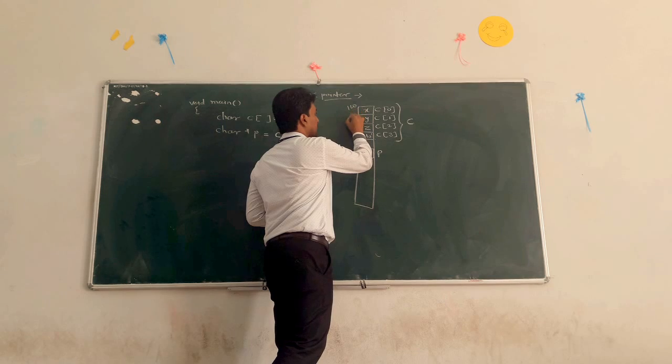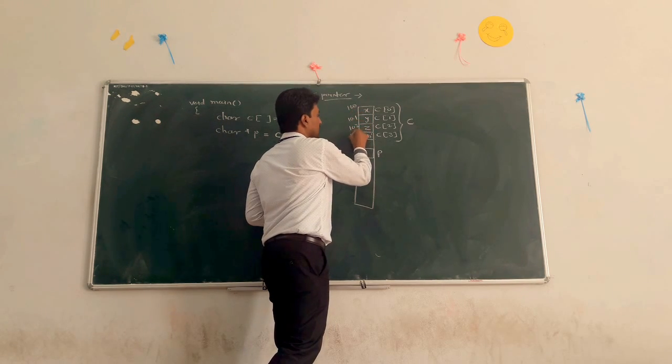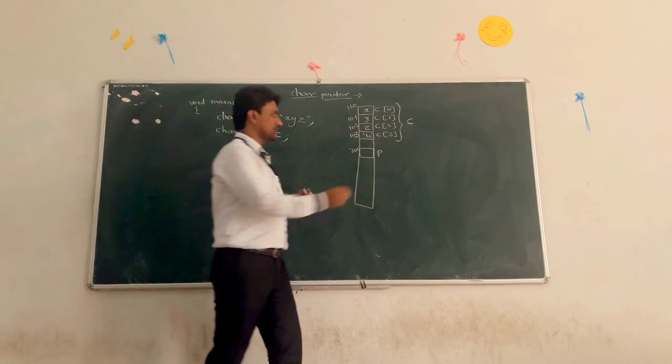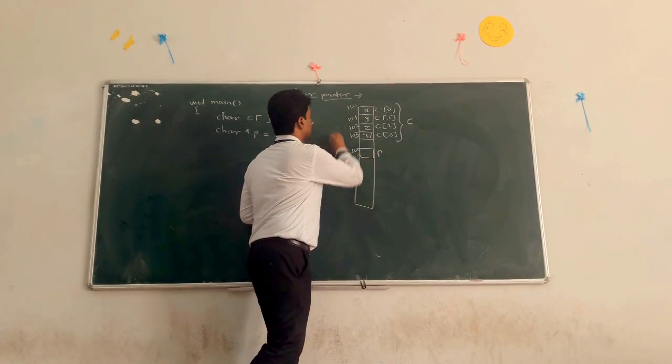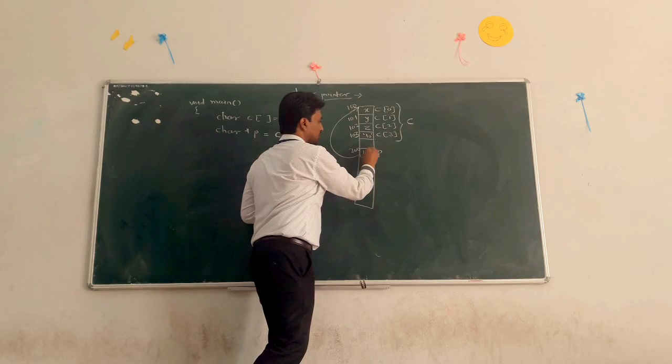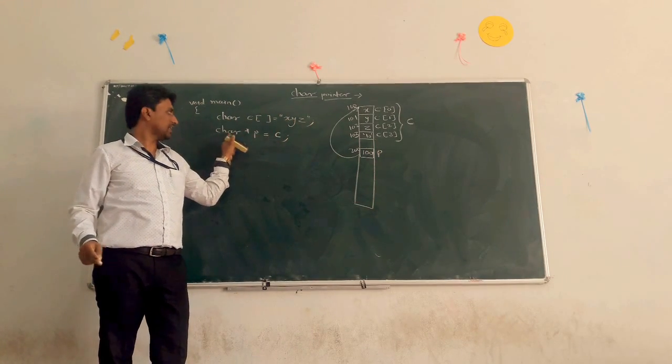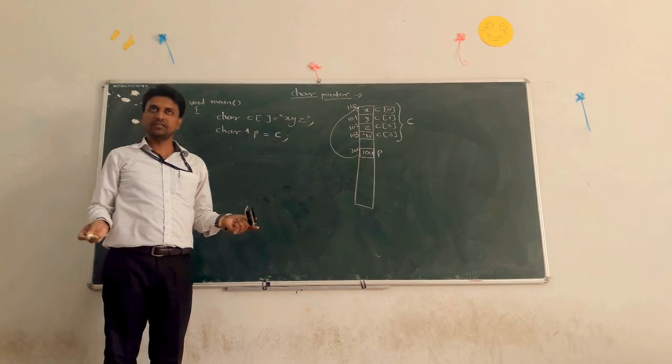Start from 100, 101, 102, 103. Suppose p has base address 200. Now p points to 100, that is, it stores the address 100 by this statement: character pointer p is equal to C.